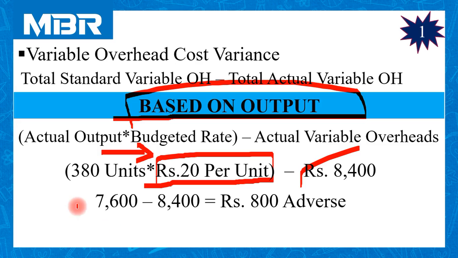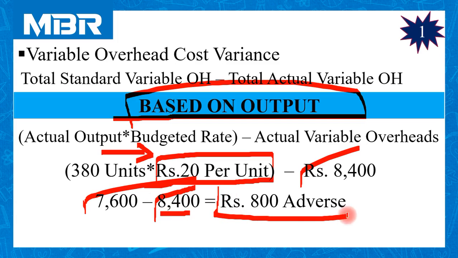Let us insert the figure. 7,600 rupees budgeted expenditure, and actual expenditure is rupees 8,400 given in the examination question. So the difference is rupees 800 adverse.